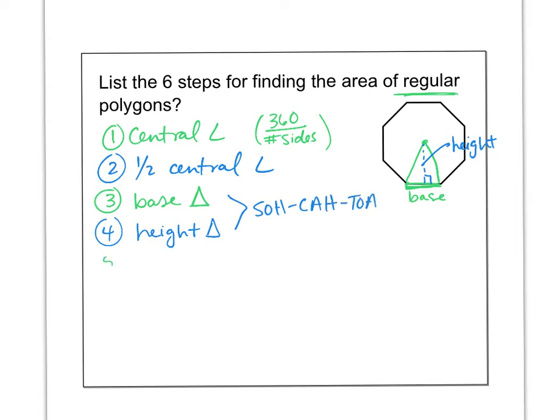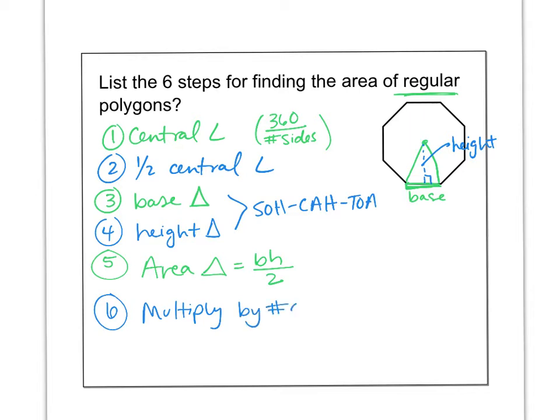All right, step 5 is once you know the base and the height of your triangle, you find the area of the triangle, which is going to be base times height divided by 2. And then lastly, once you know the area of one triangle, you multiply that answer by the number of sides. That would give you the total area of your polygon.